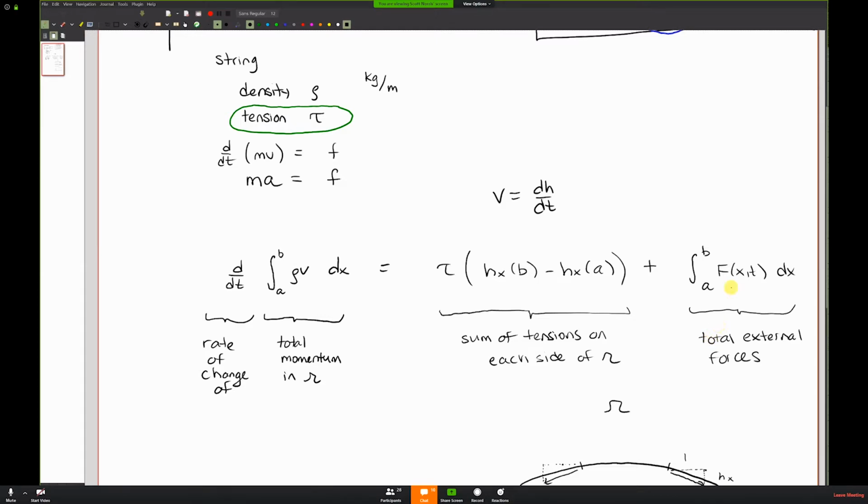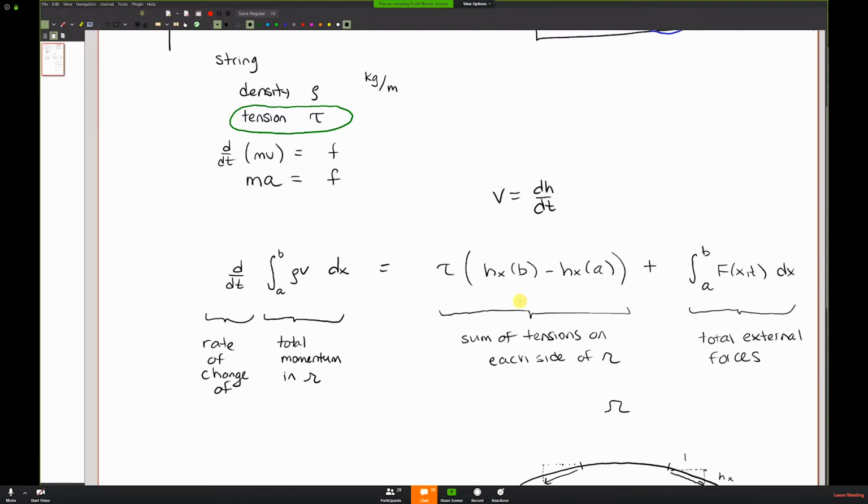Okay, so here I have an equation now. And this equation looks to have a very similar form to the equation that we had the other day when we were studying the diffusion equation. We had a time derivative of a spatial integral on the left, and then we had a sum of two things, one on each side.